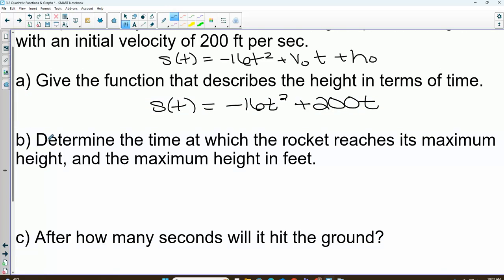B. Determine the time at which the rocket reaches its maximum height and the maximum height in feet. So what do we do? Opposite of b over 2a. So x equals, in this case our x is t, opposite of b over 2a. That's the opposite of 200 over 2 times negative 16.